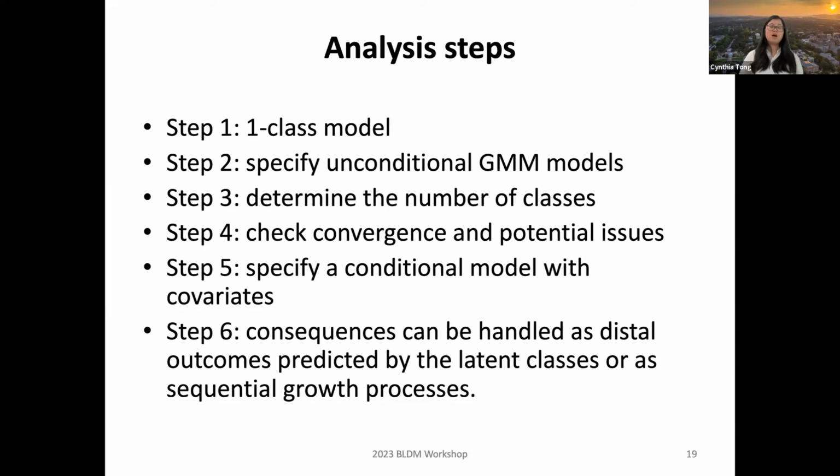For example, we can constrain that there's no variance for intercept and no variance for slope. That's still a 2-class model. We can also freely estimate the variance of intercept and not the variance of slope, or vice versa, or we can constrain all the variances for intercept and slope to be the same across different latent classes.